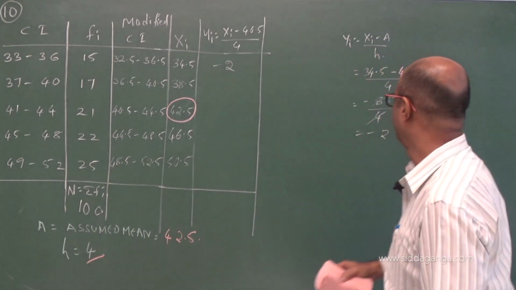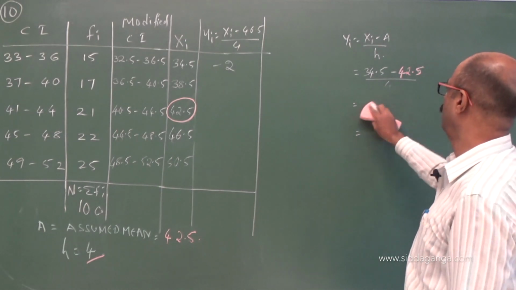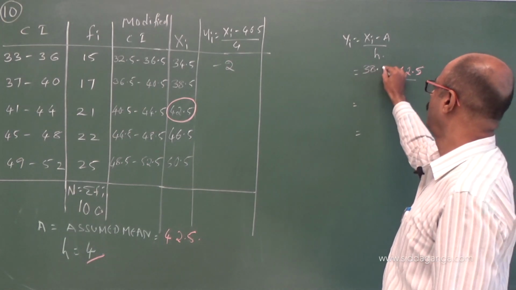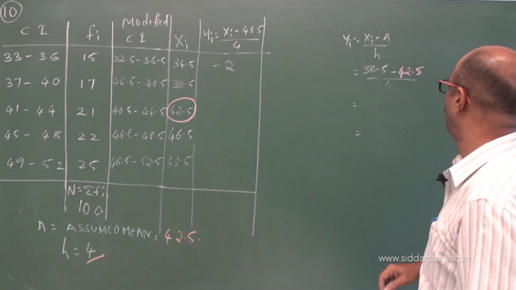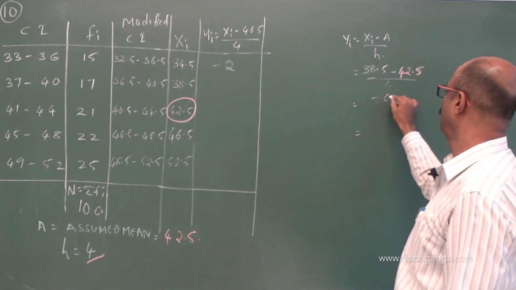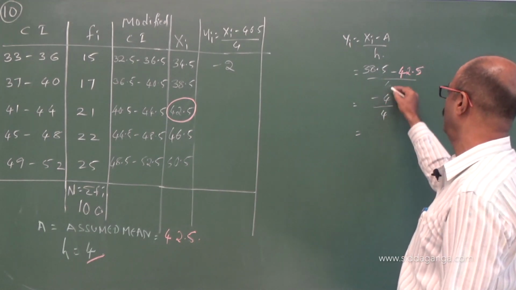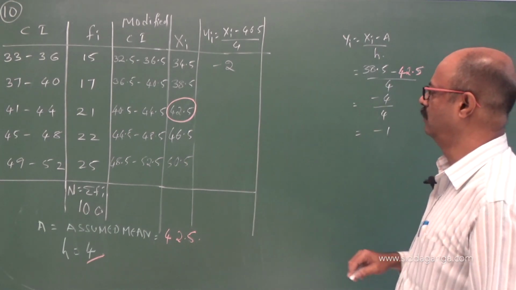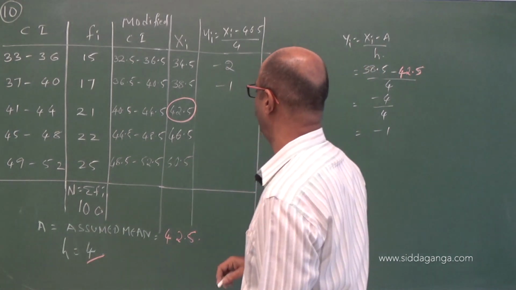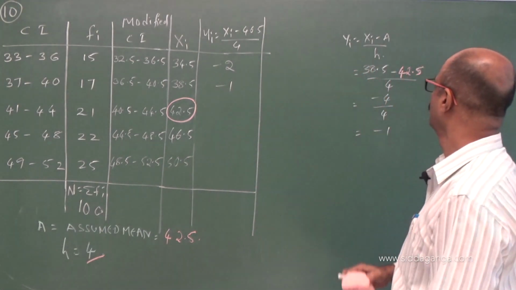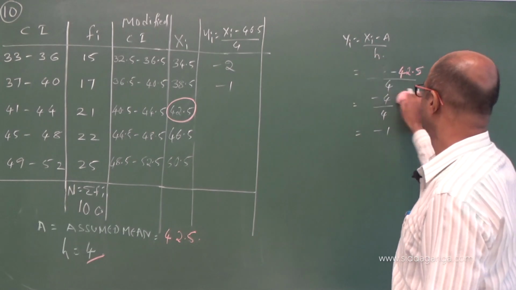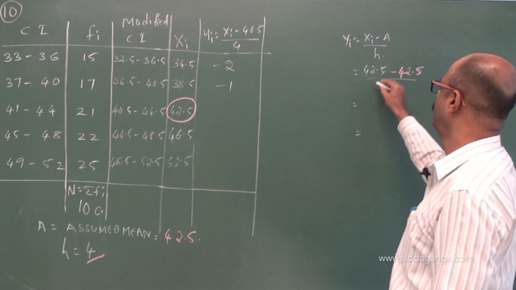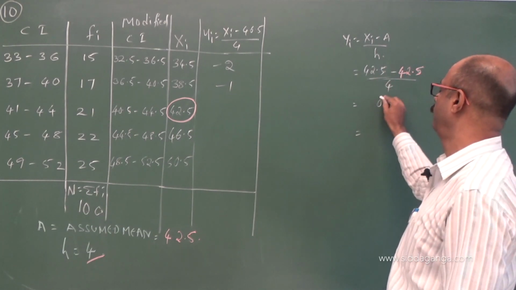Coming to the second one, we find 38.5. 38.5 minus 42.5, you will get minus 4 divided by 4. H value is 4 in the denominator. 4 and 4 get cancelled, you will get minus 1, so you will get minus 1 here. Next, this is 42.5 minus 42.5 divided by 4.